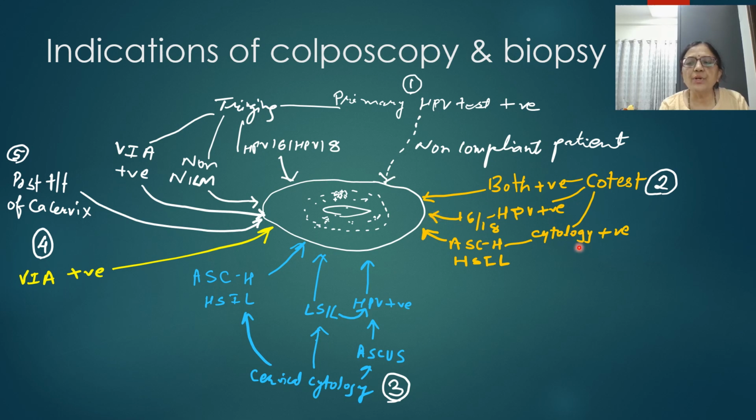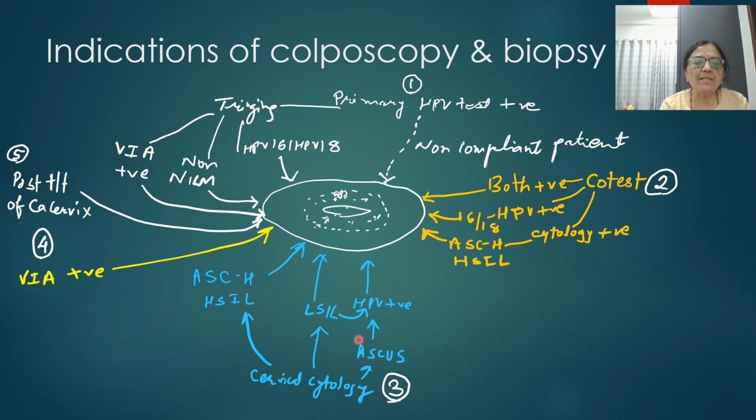If cytology is positive whereas HPV test is negative, and anything which has H, that is atypical squamous cells where HSIL cannot be ruled out, or HSIL itself, high-grade squamous intraepithelial lesion on cytology, is a direct indication to go for colposcopy. If we are dependent on cervical cytology as a screening test, anything which has H is for colposcopy, whereas for LSIL and ASCUS, it is better to go for HPV test as triaging, and if that is positive, then go for colposcopy.